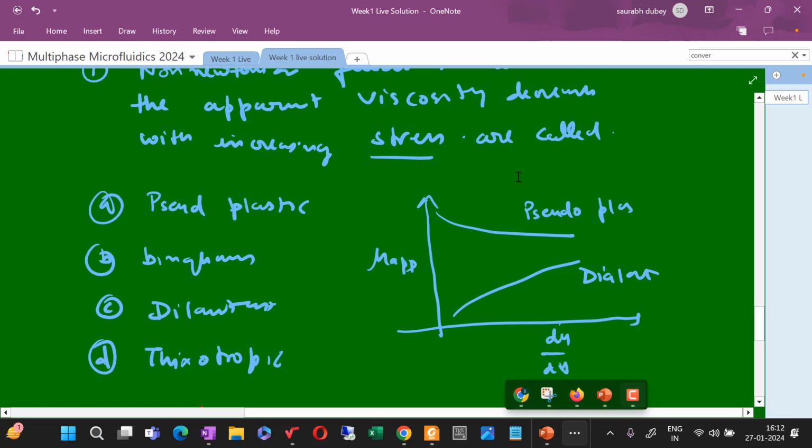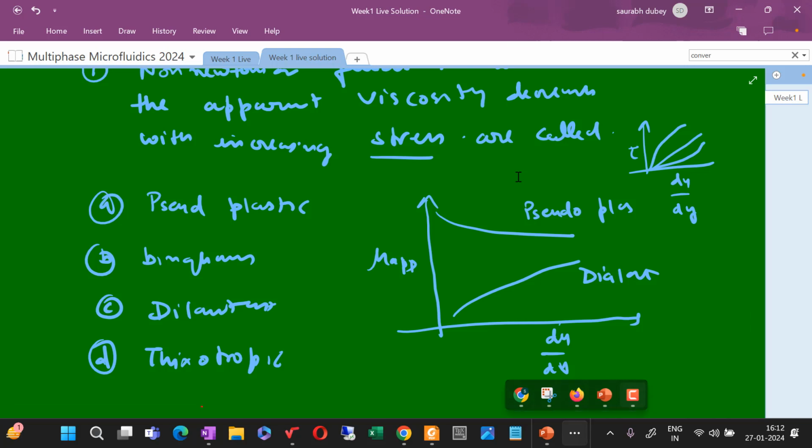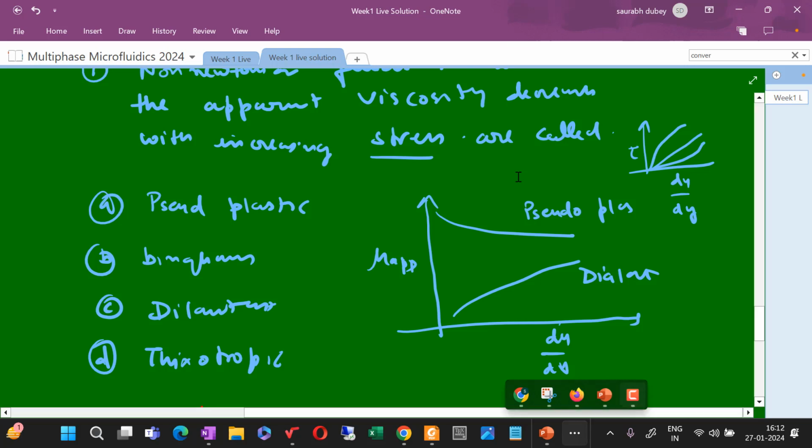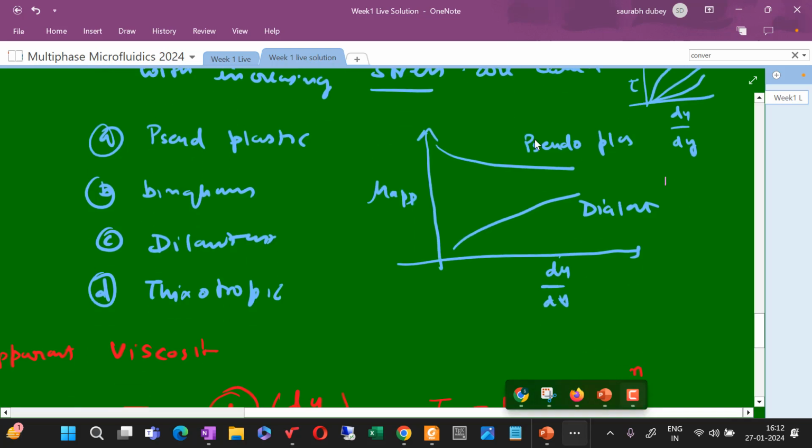And the one that you had, this is for pseudoplastic and this is for dilatant, tau and du by dy. From here, we have to think of mu apparent versus tau, if we can claim.